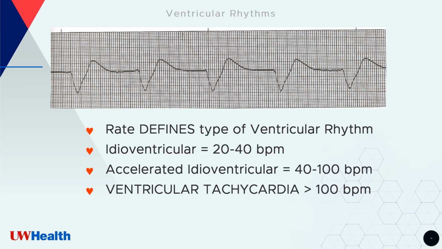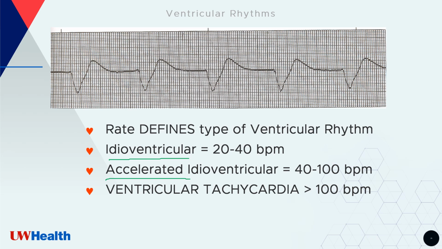We also have a rate-defining word next to the rhythm, just like we do in junctional. So if we have a rate of 20 to 40, that's the inherent rate of the ventricles, and that is referred to as an idioventricular rhythm. If we have a regular rhythm, a wide QRS complex, but our rate is above 40, we're now saying that that's accelerated above its inherent rate.